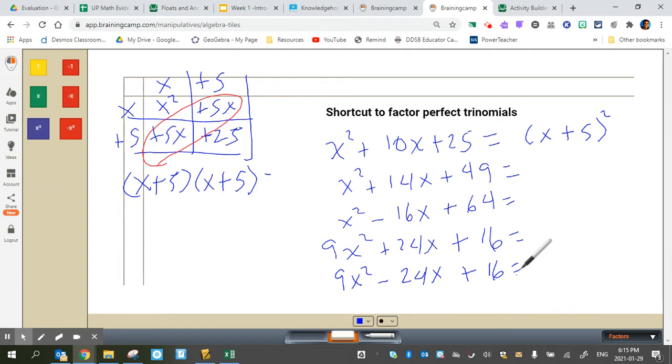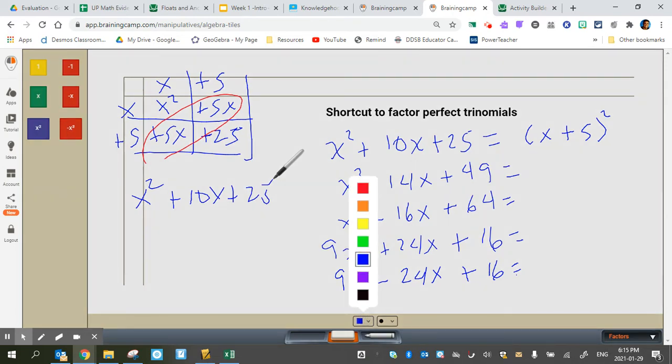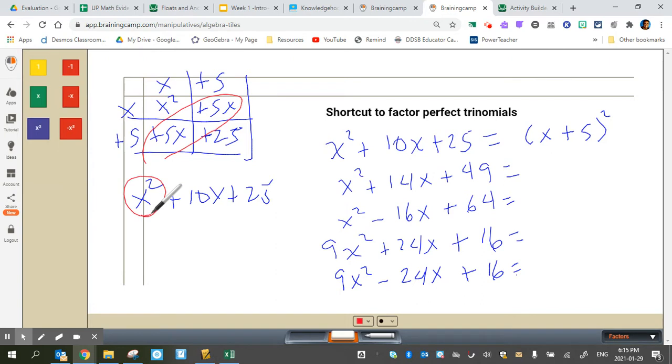And to recognize a perfect trinomial, there's a couple of very easy things for us to see. The first term and the last term are perfect squares. So anytime the first term and the last term of a trinomial are perfect squares, that's a good indication that this could be a perfect trinomial.